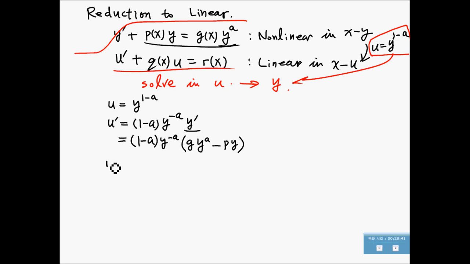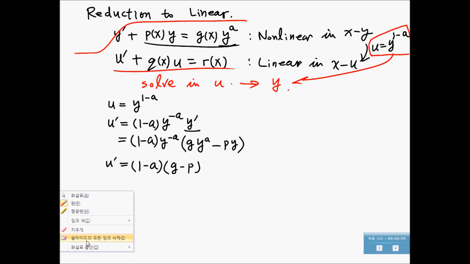And then u prime is 1 minus a times g minus p y to the 1 minus a. You simply multiply, distributive, and then factor out.